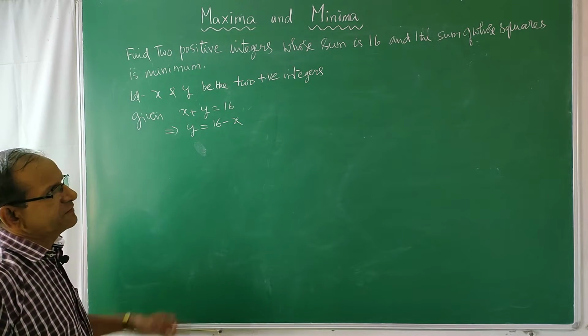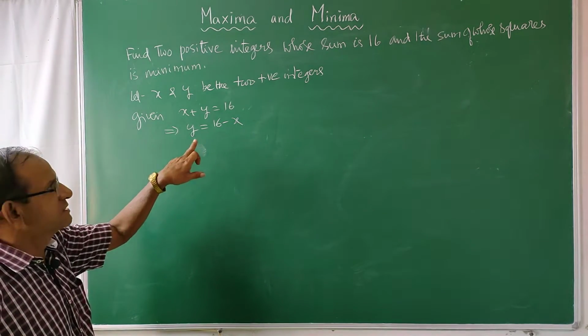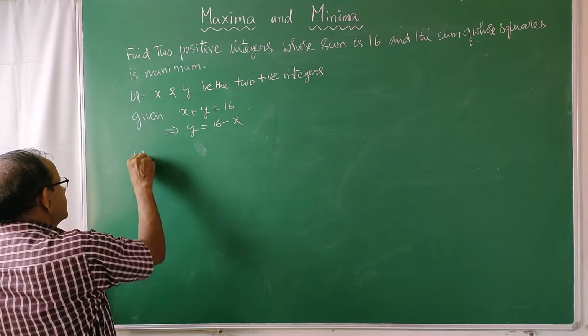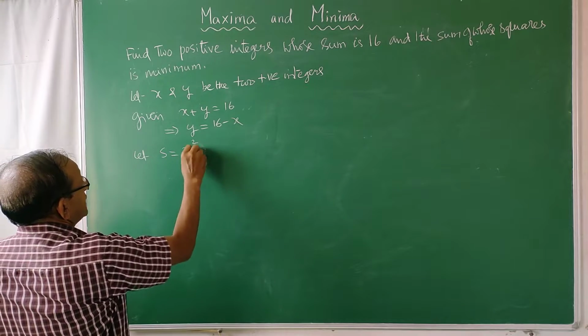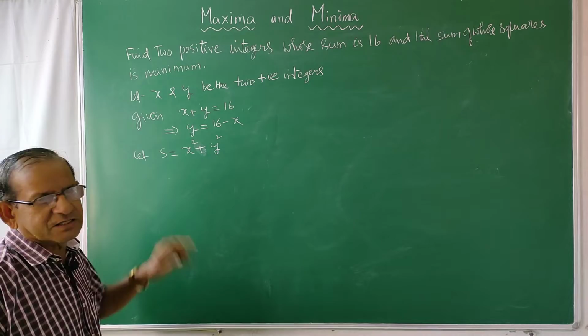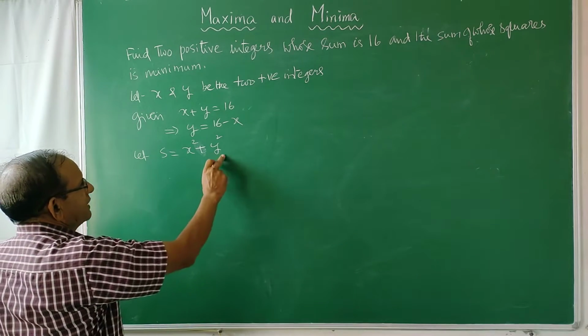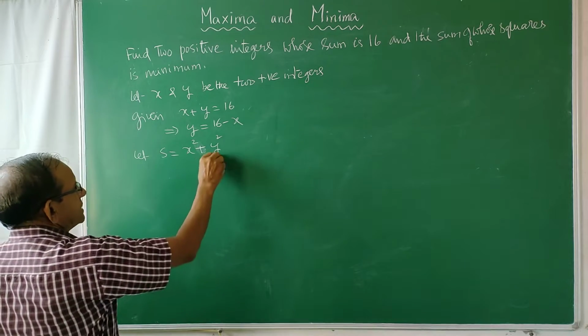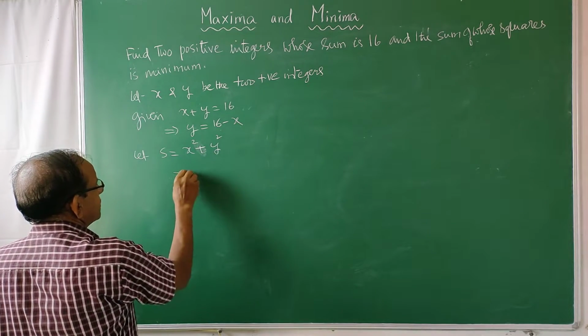How to find out x and y? We have to find out x and y such that sum of the squares is least, minimum. So let us take s is equal to x square plus y square. We have to find out x and y such that s is least. But we have to substitute the value of y. It should be converted to single variable, not two variables. So in place of y square, you can write 16 minus x whole square.